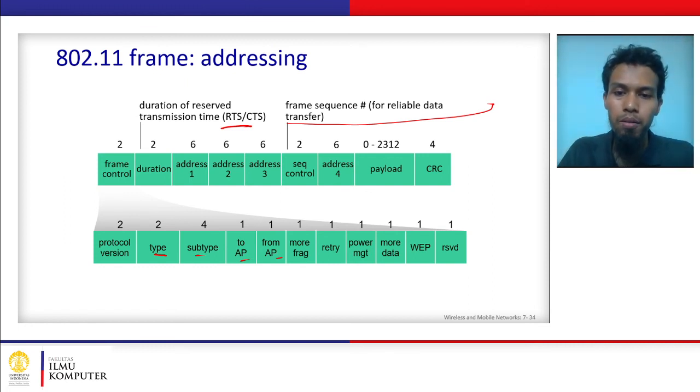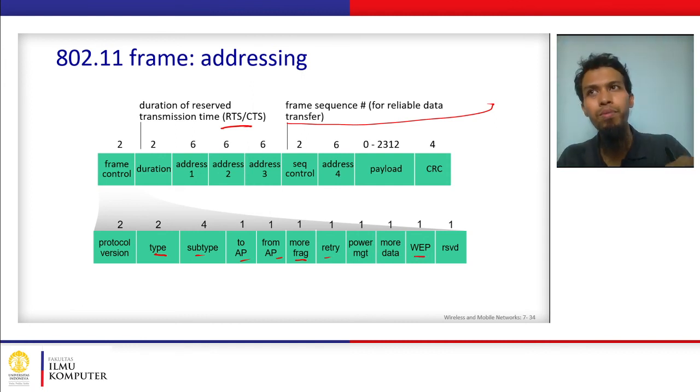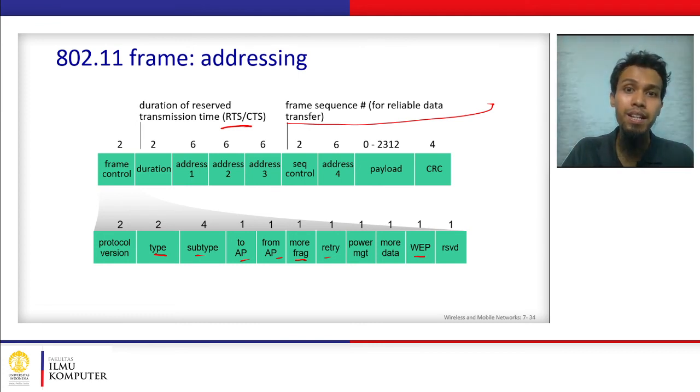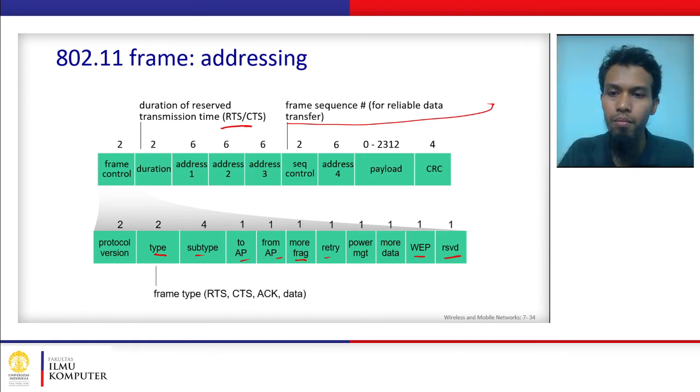Then more fragments, retry, power management, more data, and WEP, which is for the old encryption technique or authentication, and this is reserved. The frame types are RTS, CTS, acknowledgement, and data.